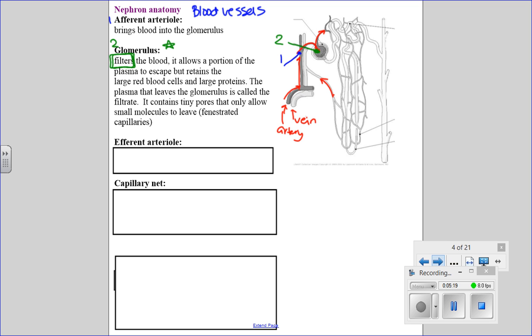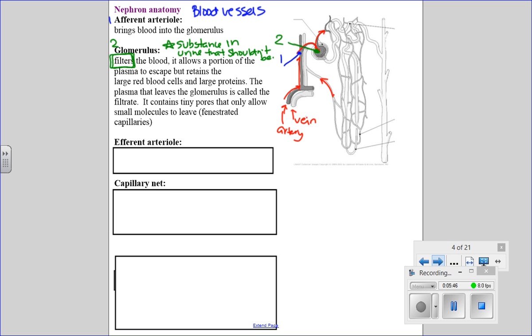But the glomerulus is usually the culprit if there is a substance in urine that shouldn't be. Now, it's not a 100% rule. I'm just telling you, if you were stuck and you had to guess, this is probably the culprit.